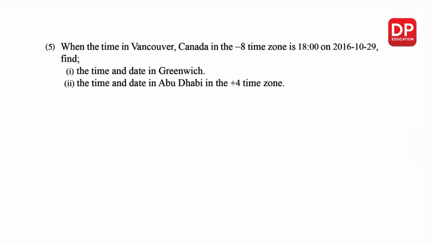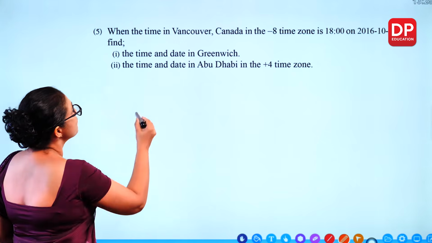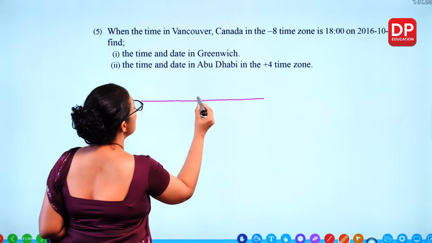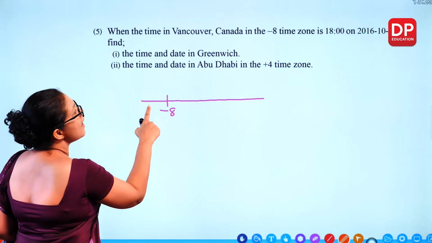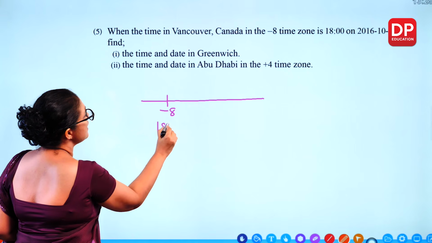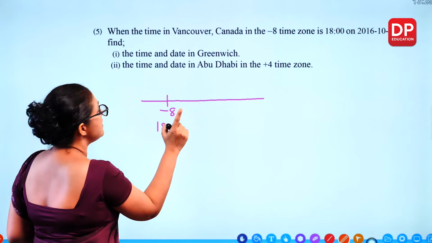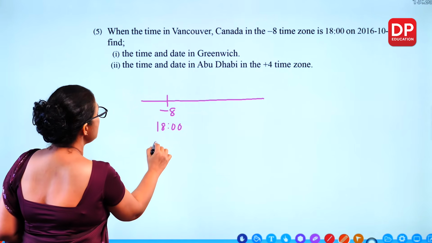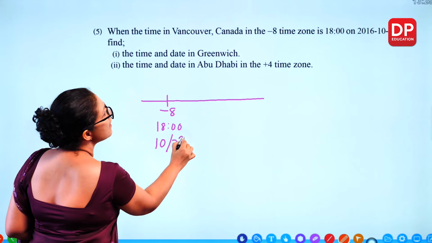Question number 5. When the time in Vancouver, Canada, in the -8 time zone is 18 on 2016, October 29. So Canada -8, and the time is 18, and the date is 2016, 10/29.